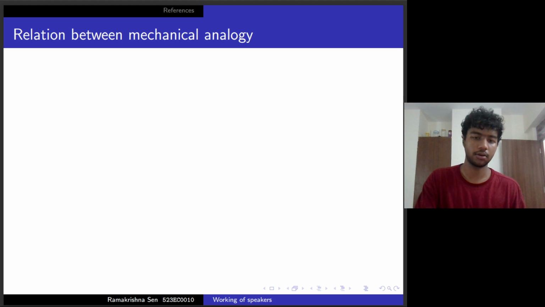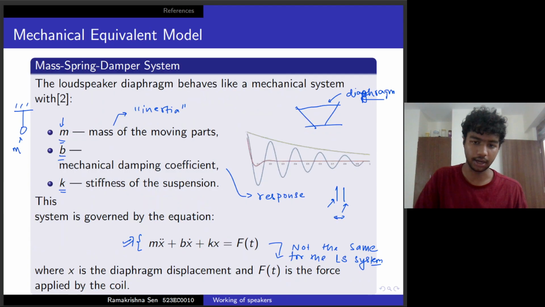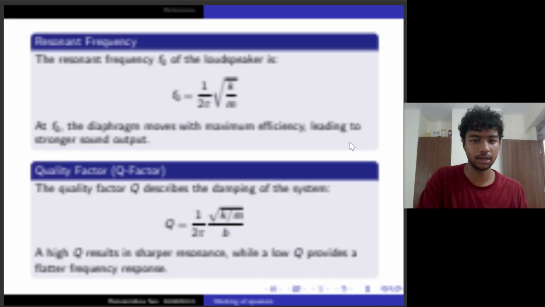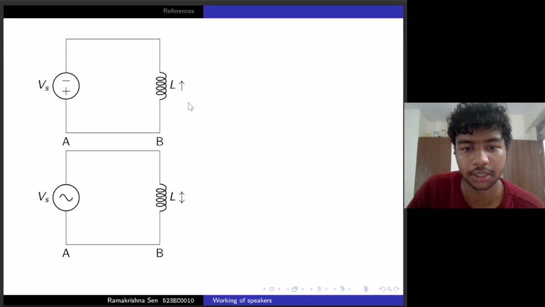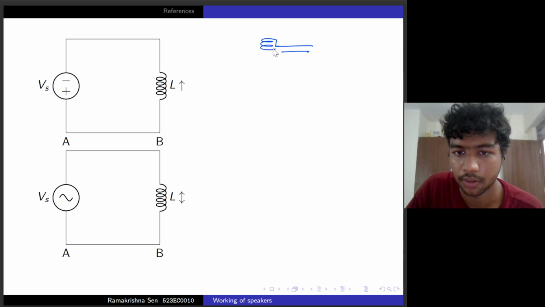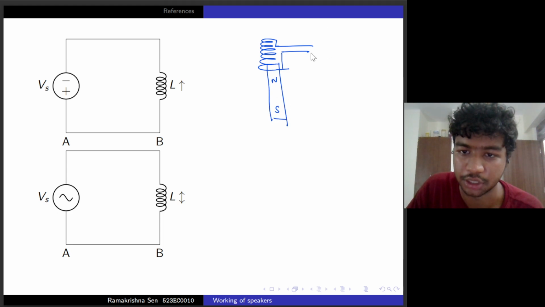So this is the analogy we talked about right now. We will actually try to simplify that over here. So assume that this inductor here, which is mentioned to be a solenoid, and there's a constant voltage source, and there's a permanent magnet here with the terminals mentioned.